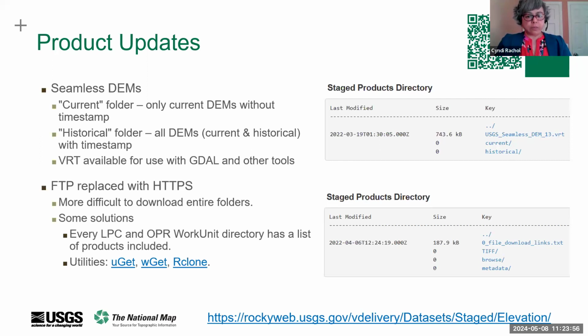The virtual raster tables, those are found at each of the top of the staged product directories. Oh, and one other update that we did is in the past, if you've accessed our data through an FTP, that has been replaced with a more secure HTTPS. And while this does make it more difficult to download entire folders of data, there is a file at the top of each of our directories called the 0file download link.txt.